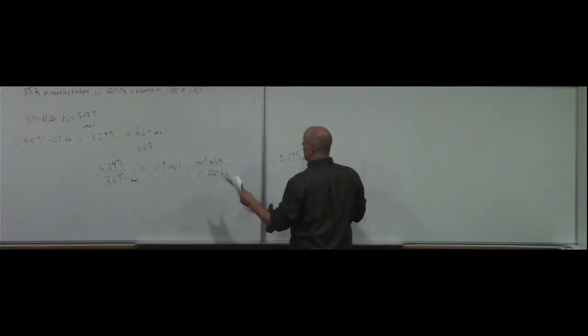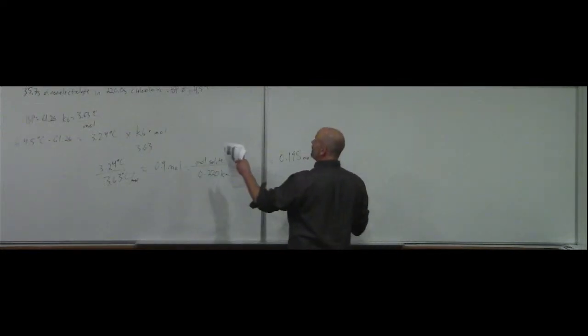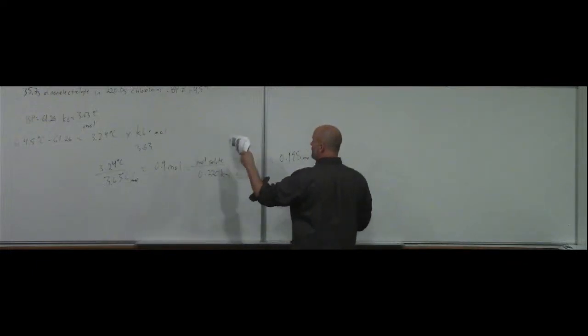If I want to find my molar mass, I want grams per mole. I know that I've got 35.7 grams here.